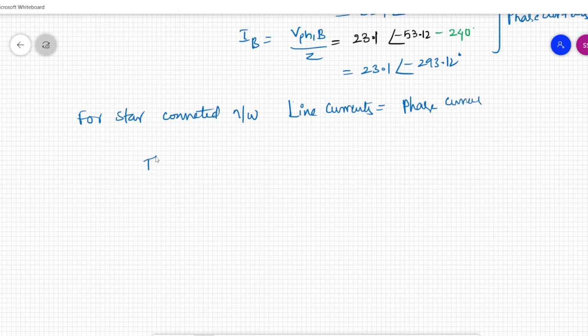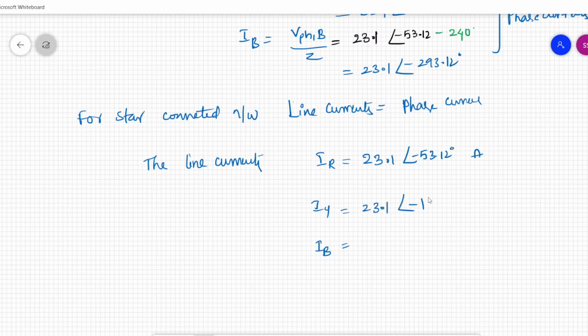So the line currents IR, IY, IB equal the phase currents: 23.1 at an angle of minus 53.12 degrees amperes, 23.1 at an angle of minus 173.12 degrees amperes, and similarly the line current of B phase is 23.1 at an angle of minus 293.12 degrees amperes. So these are the line currents to be found.